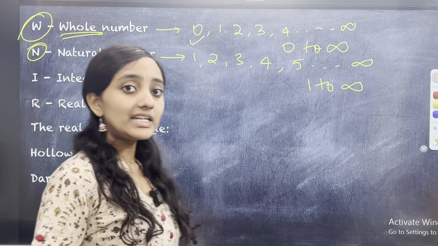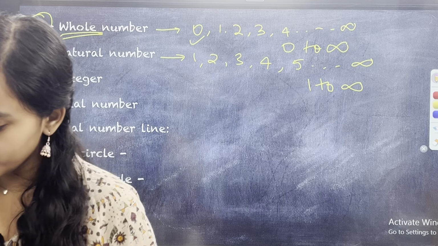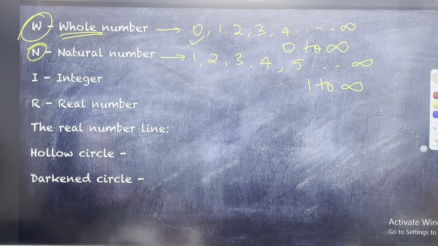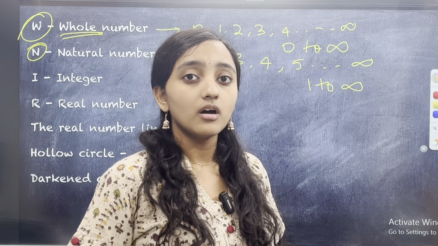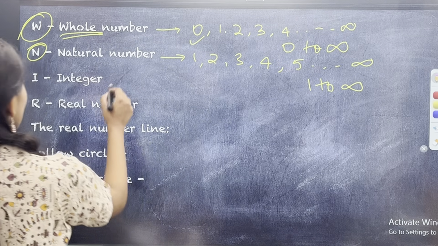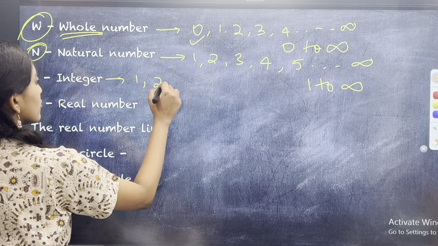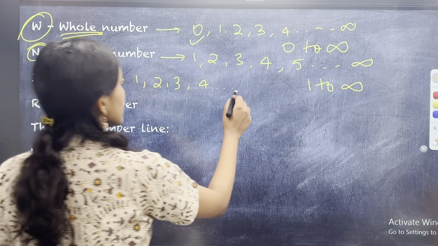Next, you have integers. Integers are basically numbers which do not have decimal places, that means they do not have any fractional part. 1.2, 3.5, those are not integers. Integers are basically 1, 2, 3, 4, dot, dot, dot. You also have 0.